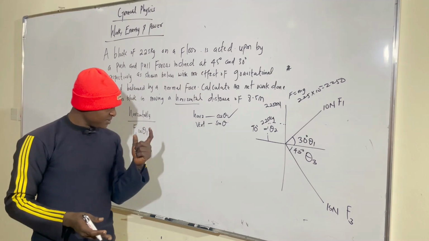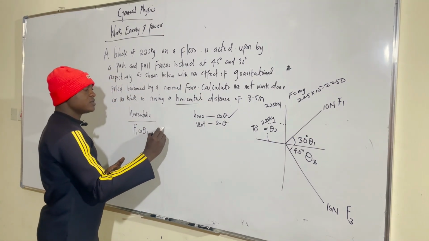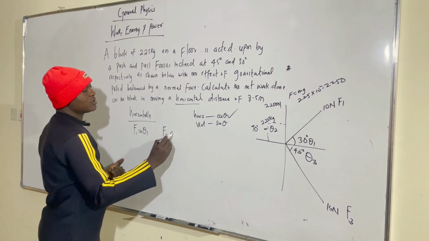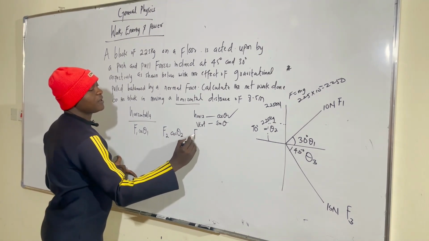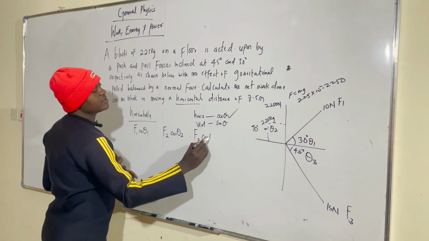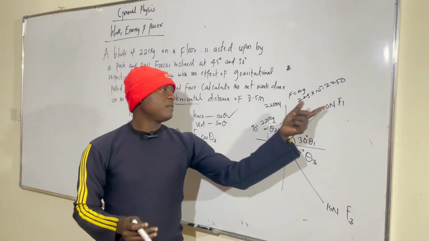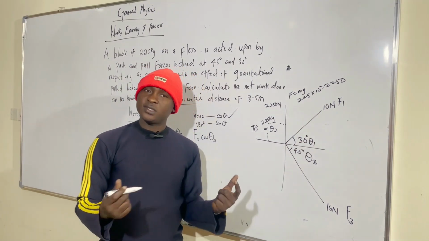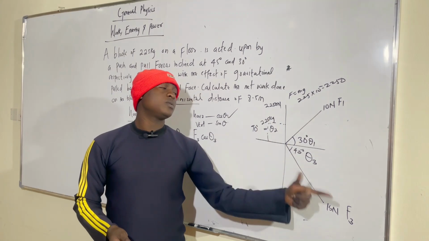F1 sin theta 1. So now F1 cos theta 1, the second one is going to be F2 cos theta 2. Then the third one, you are going to have F3 cos theta 3. So please, if you use anything, you can say F of 10, or anyhow you use it, it's still the same thing. You can label them anyhow you like. You can call this one x, this one y, or this one z.